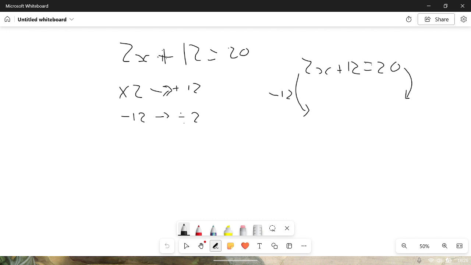You subtract 12 to get 2x equals 8, and then you divide by 2 to get x equals 4.